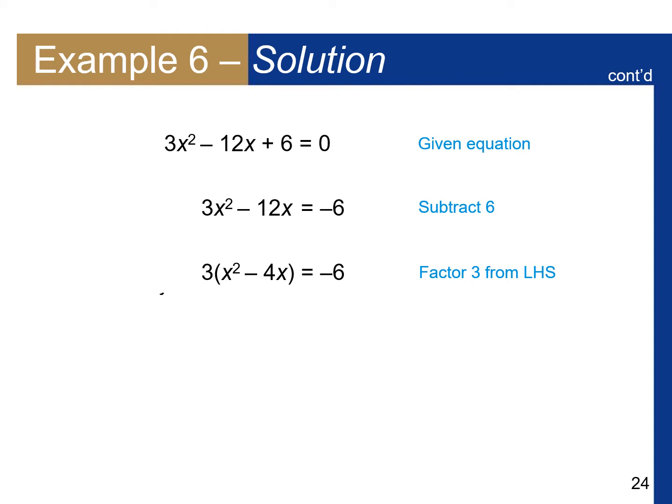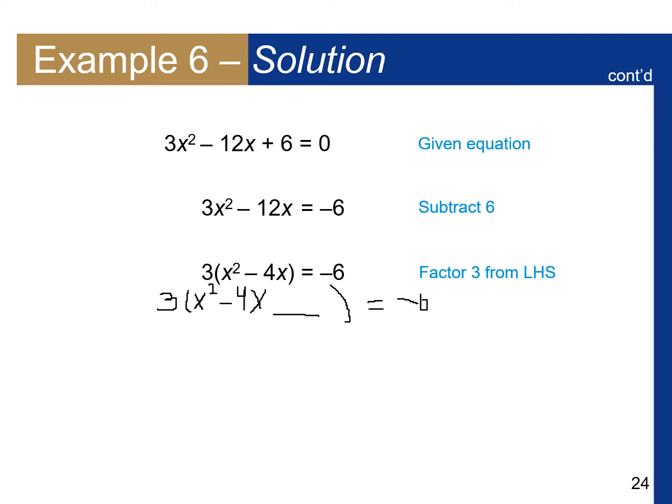So when I do that, I'm actually going to have 3 times x squared minus 4x, and then I'm going to add something right here to finish completing the square. And whatever I add there, I have to remember that I have to add the same value to the other side. So, sorry, my negative on the 6 there got a little crazy.